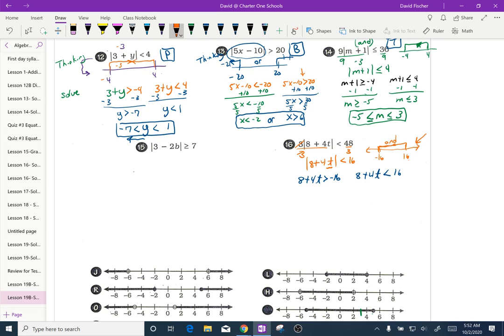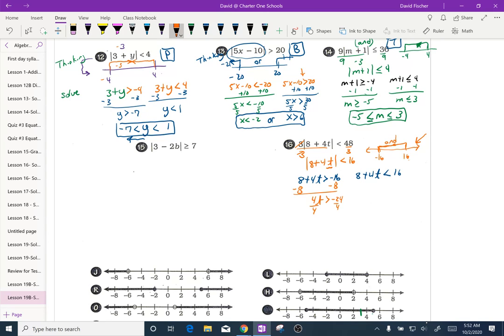Let's go ahead and solve now for t. I need to subtract my 8's first. PEMDAS backwards. I have 4t, negative 16, and negative 8. It's negative 24. And then one last step.